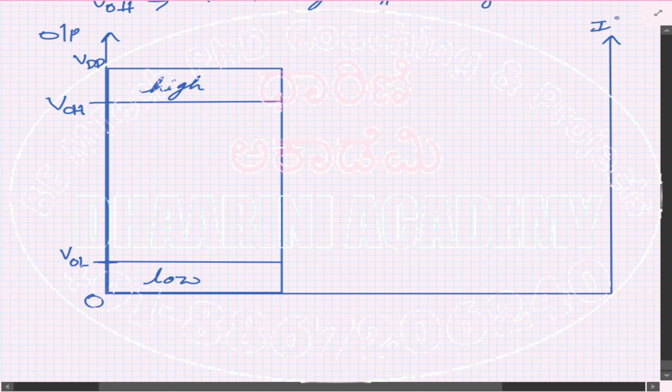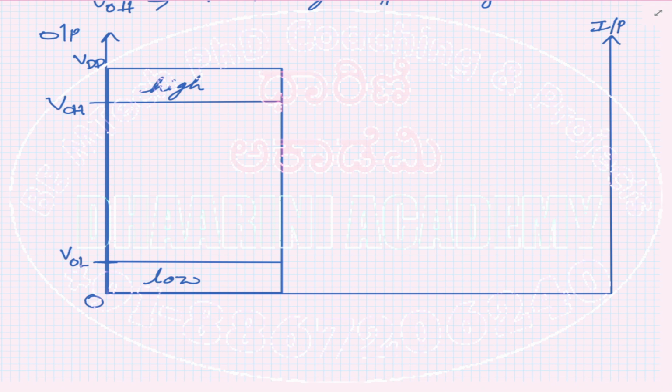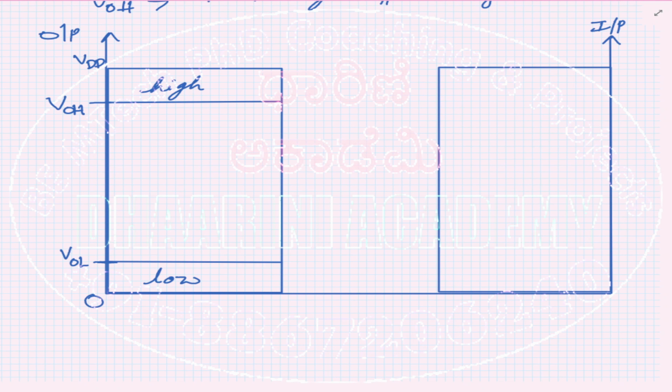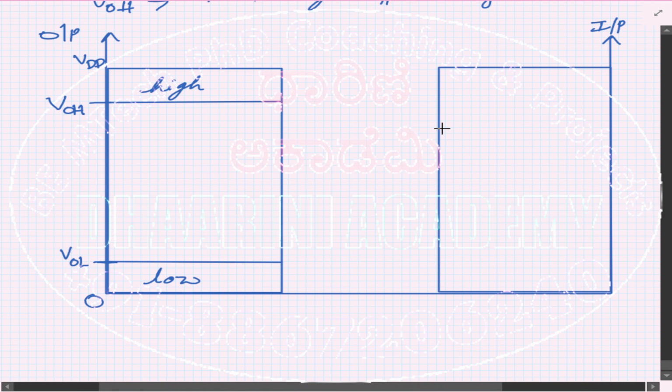Okay, this is input. On the input side, again I need a very similar structure to be plotted. Okay, so I'll use, say, this. On this side, the margin is slightly higher, so I'll say like this.